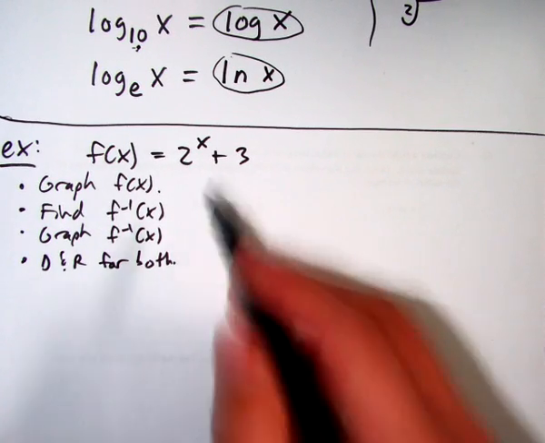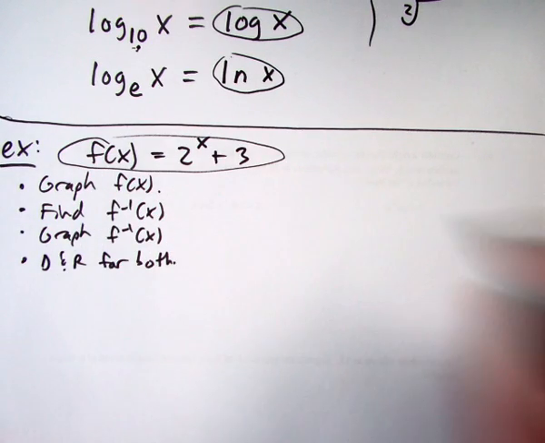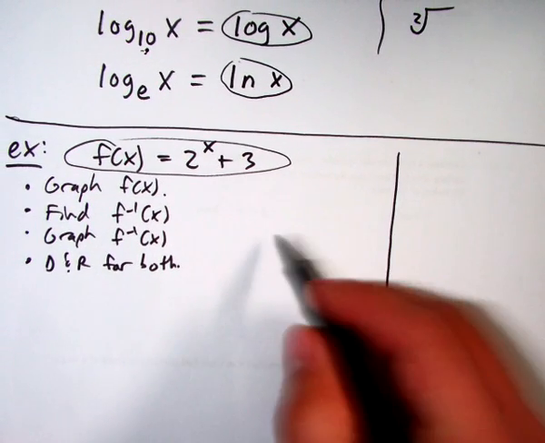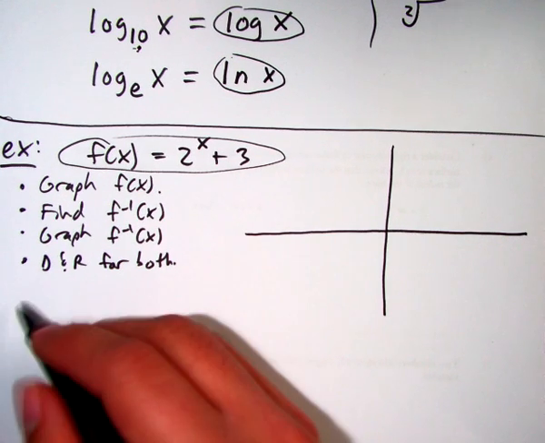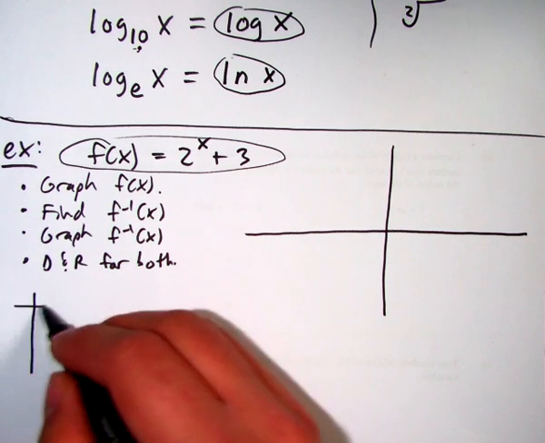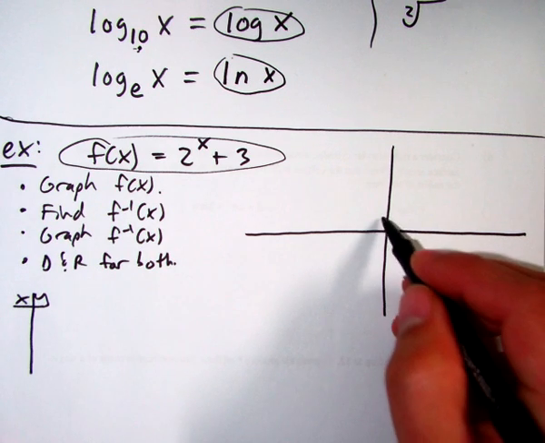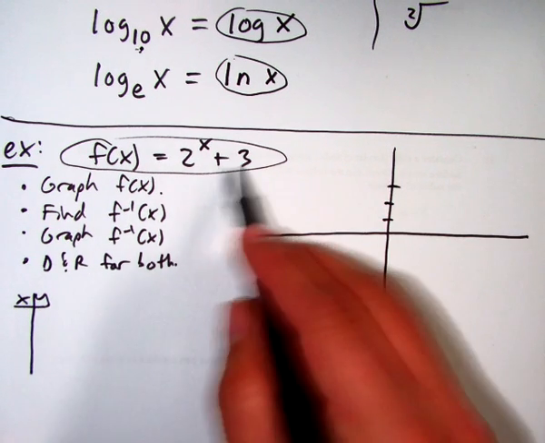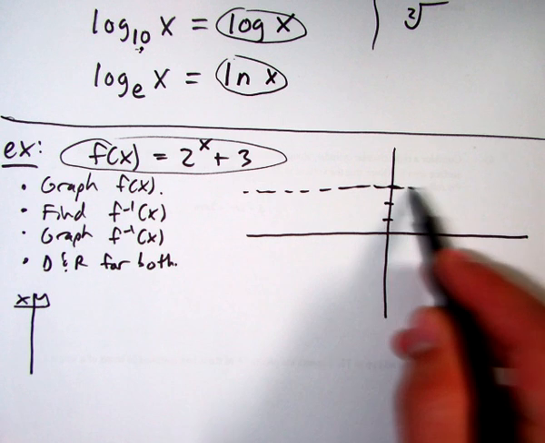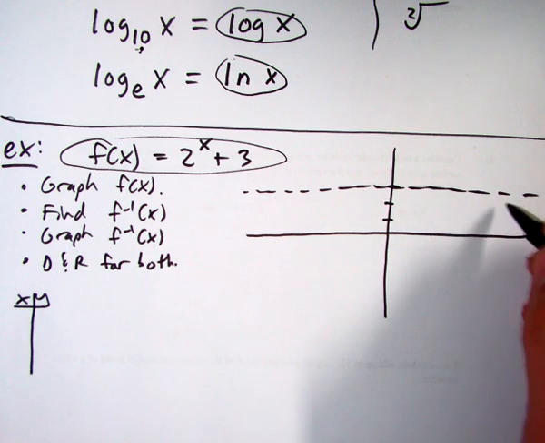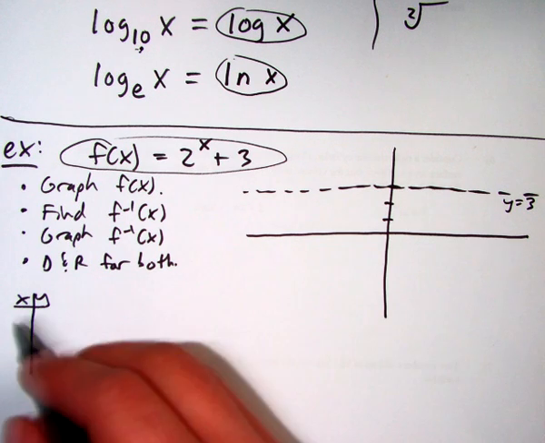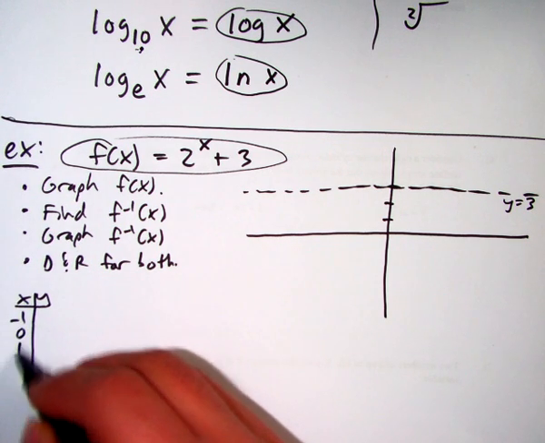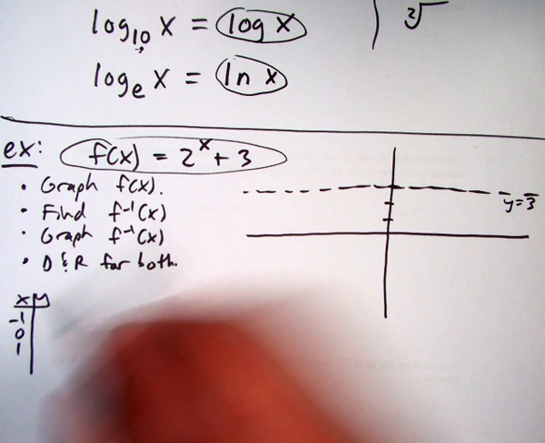Now, this is not too bad. Hopefully you remember from previous sections that if you want, you can make a quick little table, but you already know that there's going to be a horizontal asymptote at y equals 3. And if you don't remember what points to use, let's say you plug in -1, 0, and 1. 2 to the minus 1 is 1/2.